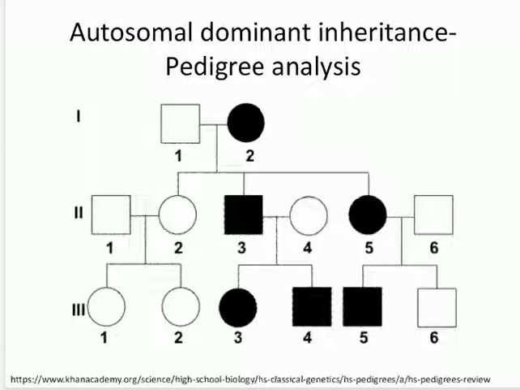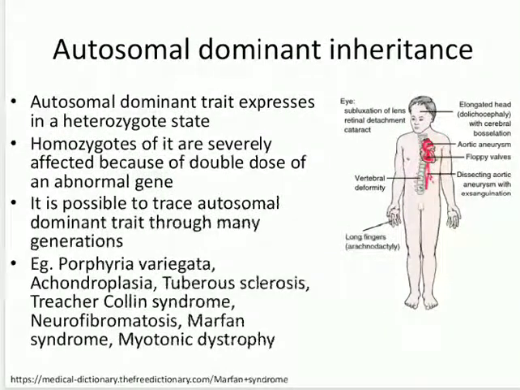So one reason is, if the affected person is having a new mutation, then there is a chance of the parent being unaffected. For example, in the second generation, the affected male can be having a new mutation, the parent is not affected. Okay, so in the disorders you can see that porphyria variegata, achondroplasia and all.